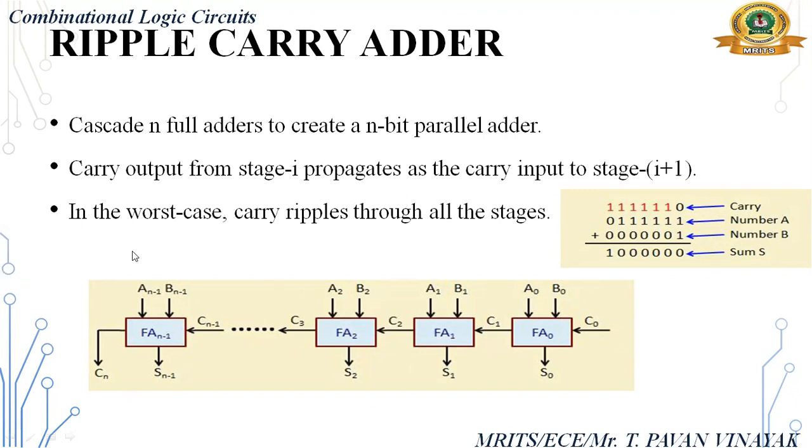For n bit additions, we require n full adder circuits. For 6-bit addition we require 6 full adders. For 4-bit addition we require 4 full adders. See here, how many bits are available in this addition? 1, 2, 3, 4, 5, 6, 7. So we require 7 full adders.